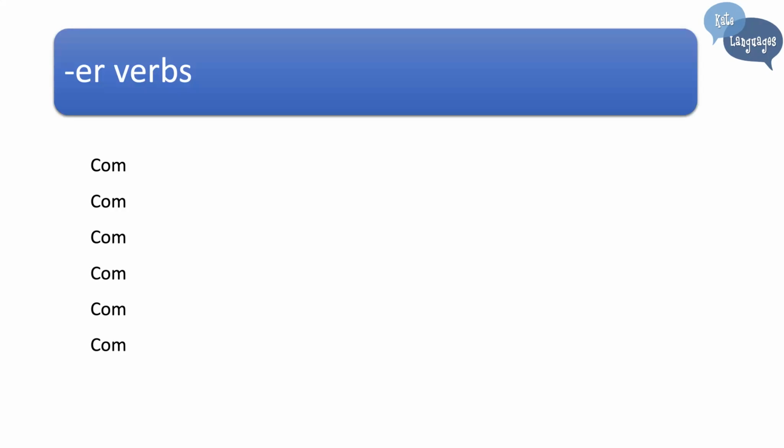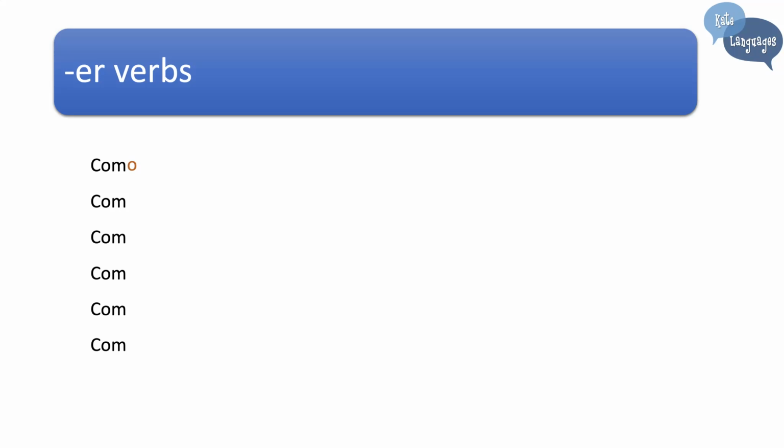So the example of a regular ER verb that we're going to look at first is comer, spelled C-O-M-E-R, comer, which means to eat. Okay, so for the I form of comer, it is como, so yo como.